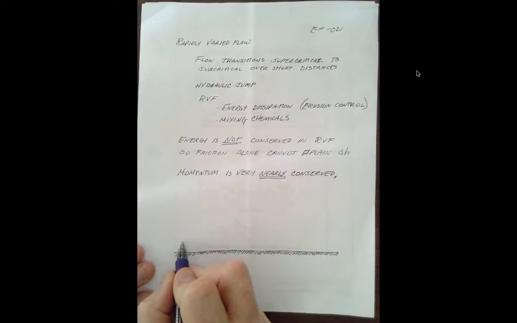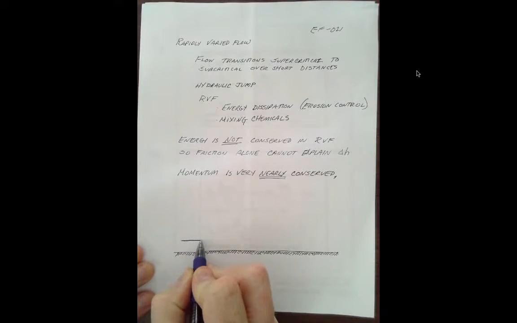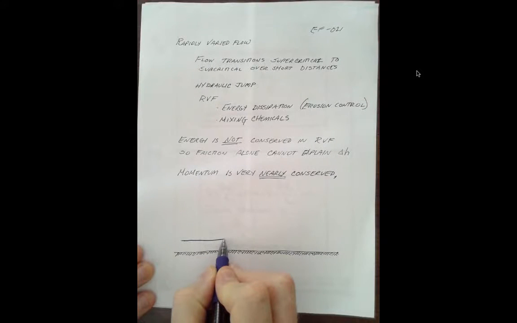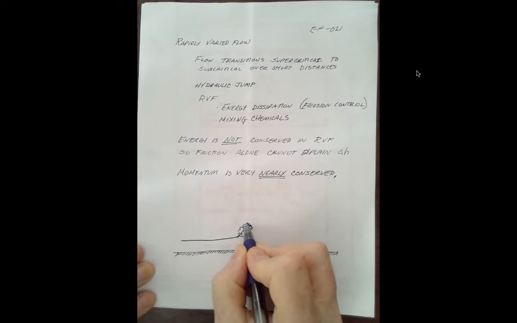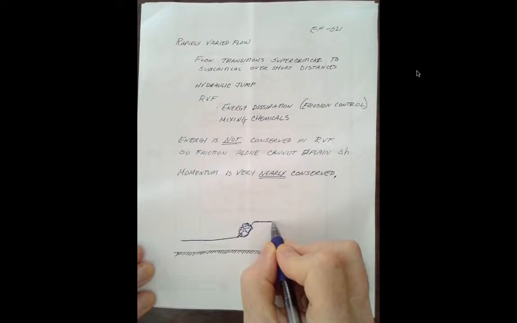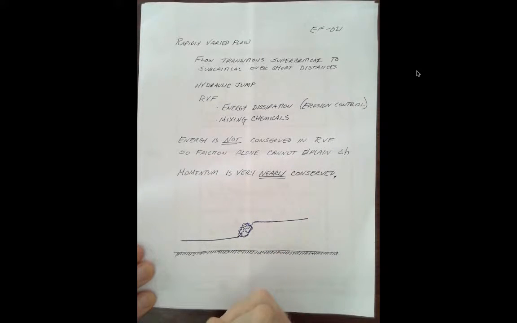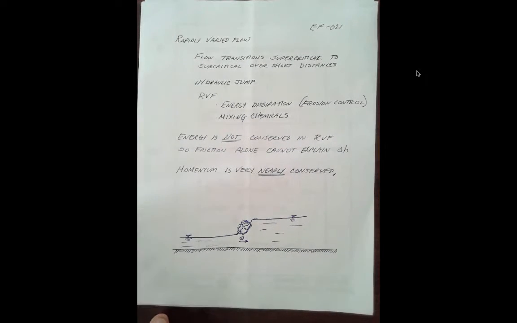Okay, so there's our flat, and we have flow proceeding along supercritical, and then there's a very turbulent area indicated by my circular cloud, and perhaps flow continues onward, and there's our discharge diagram.